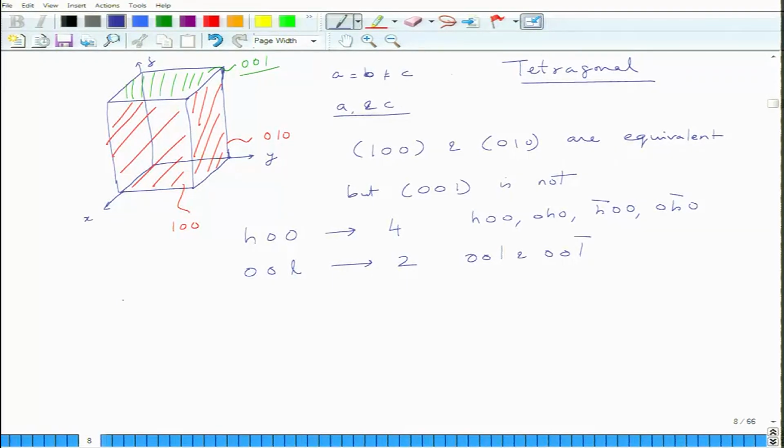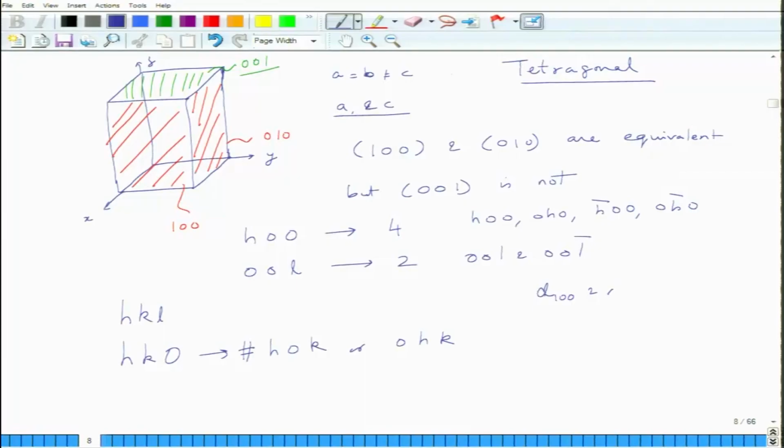When you have HKL or HK0, HK0 will not be equivalent to H0K or 0HK, because of tetragonal symmetry, because the third index is along the C axis, which is the C lattice parameter, which has a different length as compared to A and B.